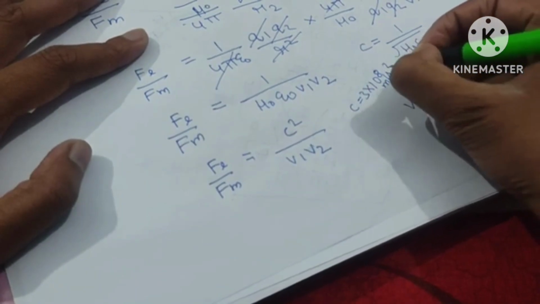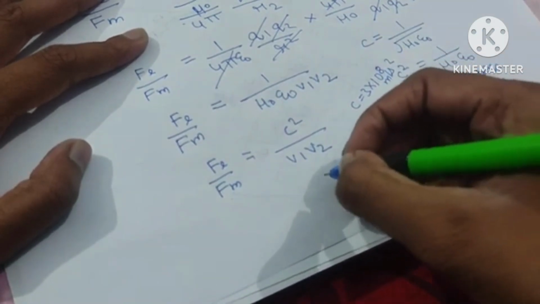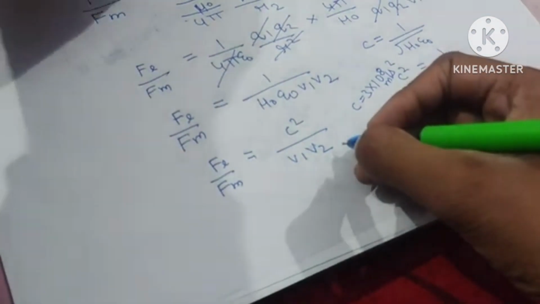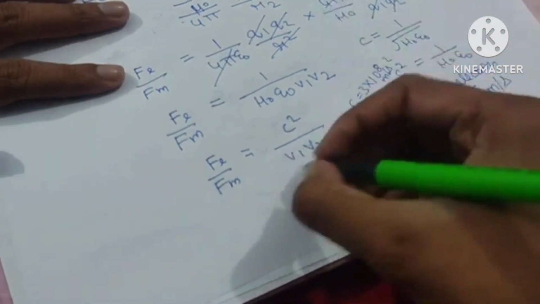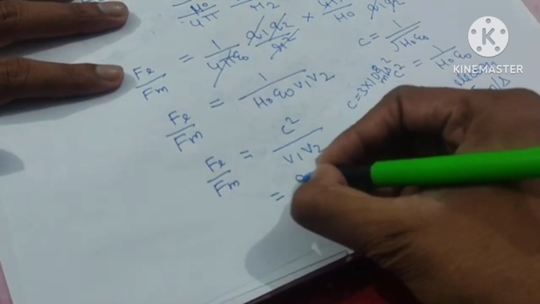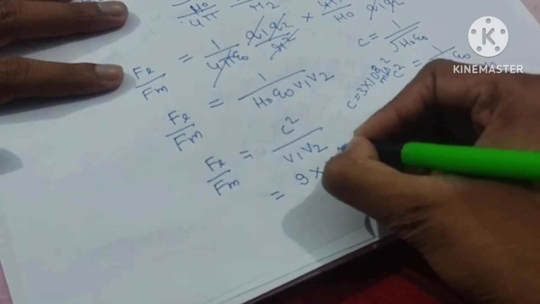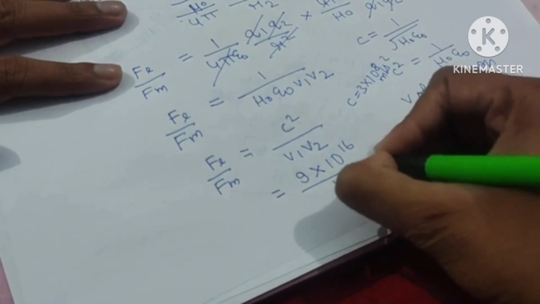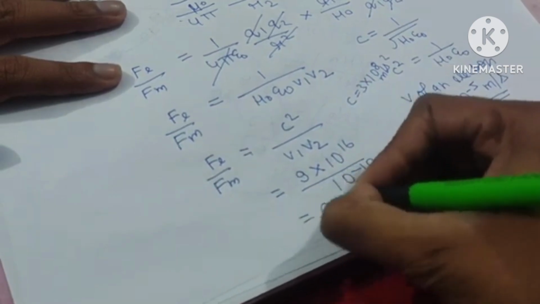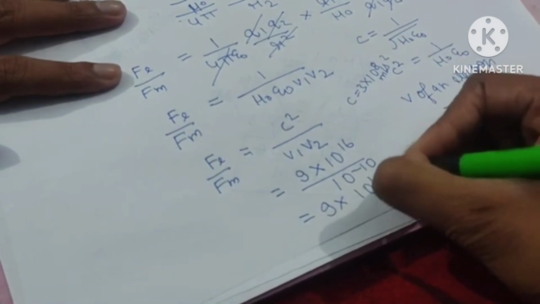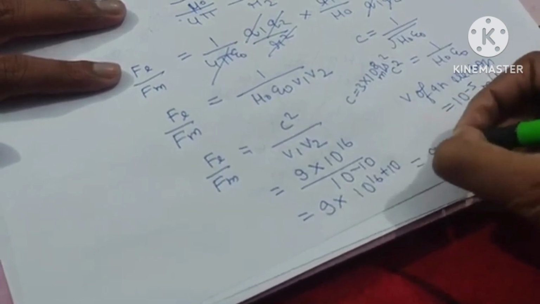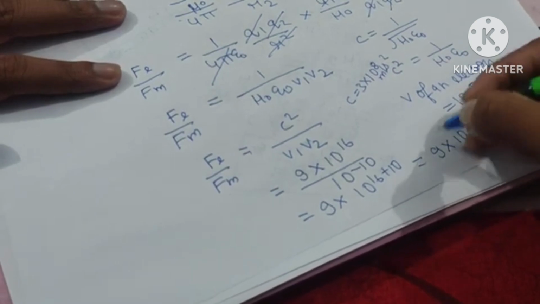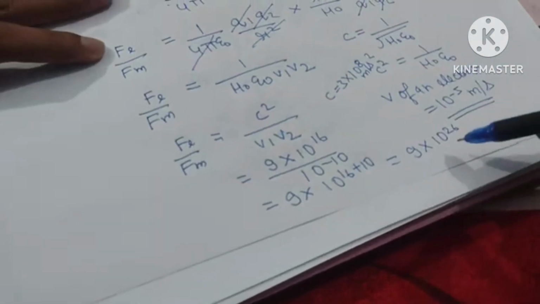When we are solving this equation, 3 squared will become 9, power 8 will become 16, and here it will become 10 to the power minus 10. So it will become 9 into 10 to the power 16, take it as plus 16. Okay, 9 into 10 to the power 26, approximately 26. So this is the value we are getting.